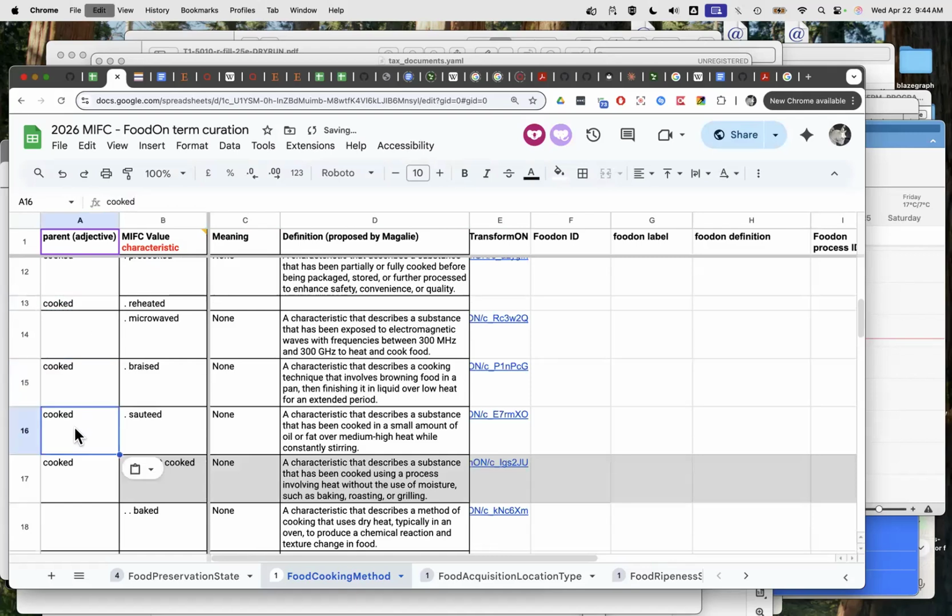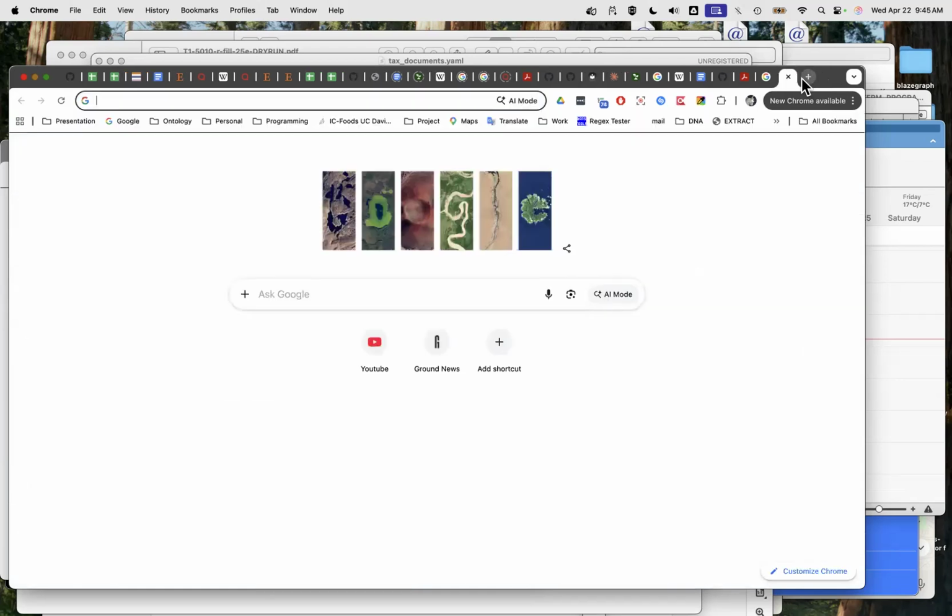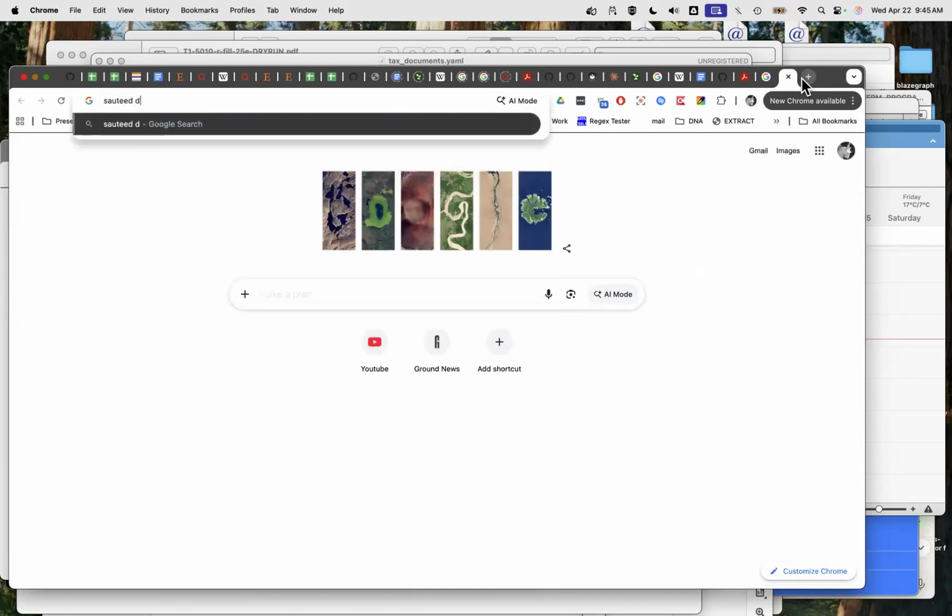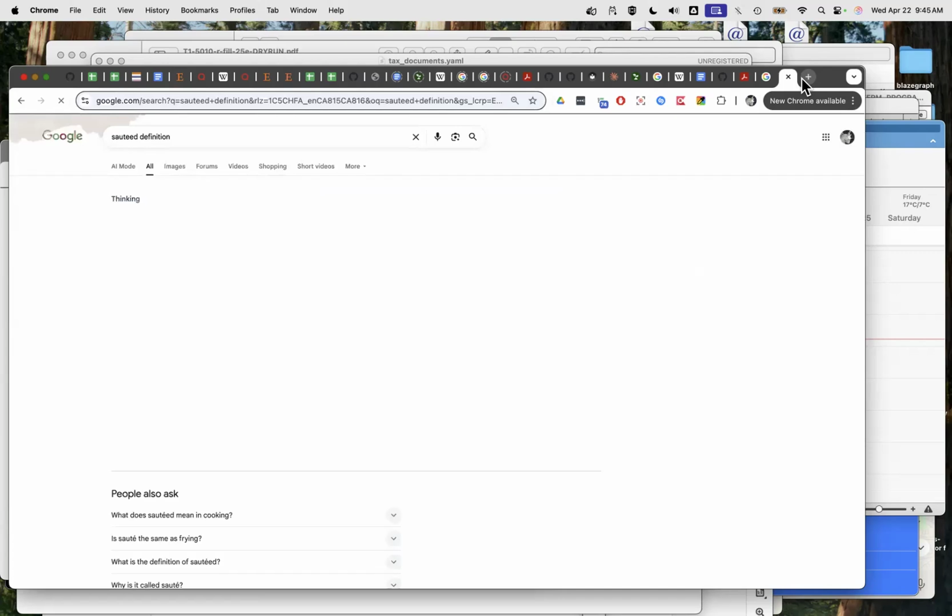So do you mean that there is no oil added for sauté? Not necessarily. And this, roasted? No. Roasted, no. What we can do is, sautéed in oil as a subclass. And braised? Sautéed definition.